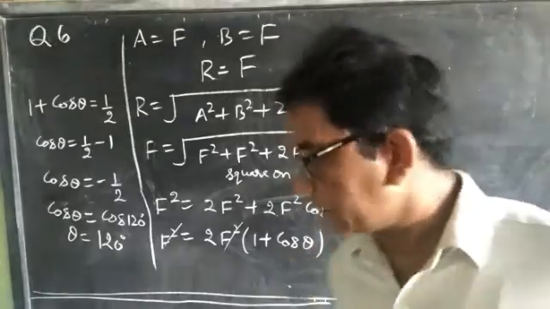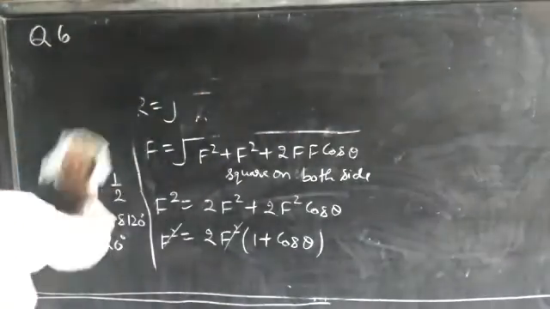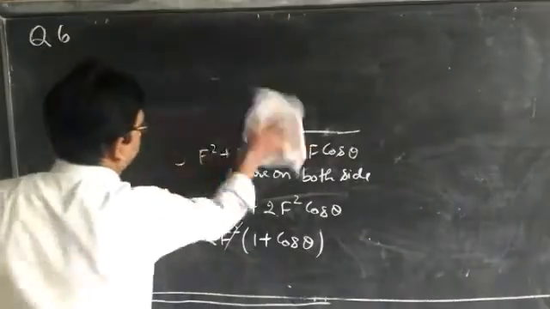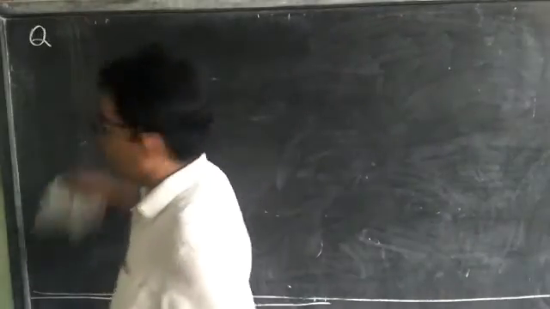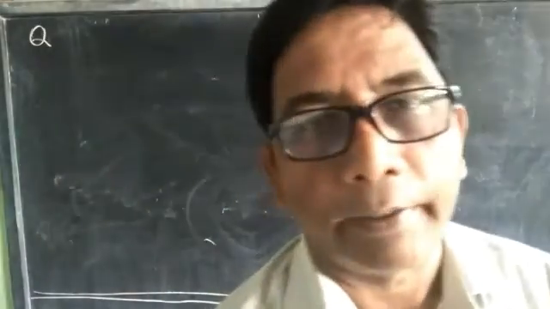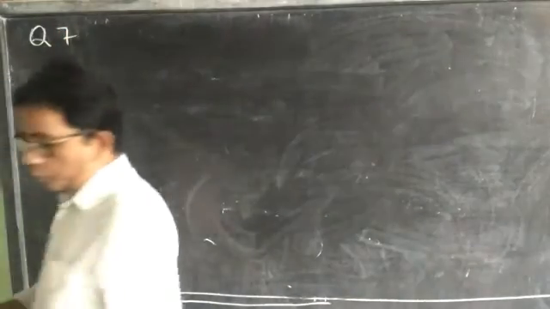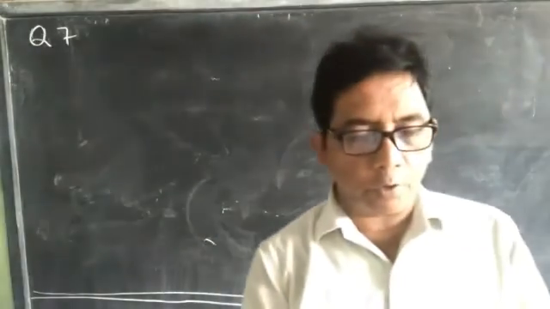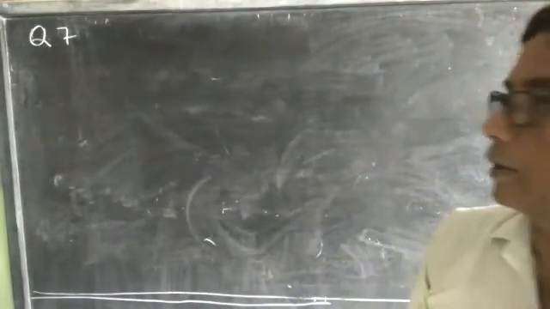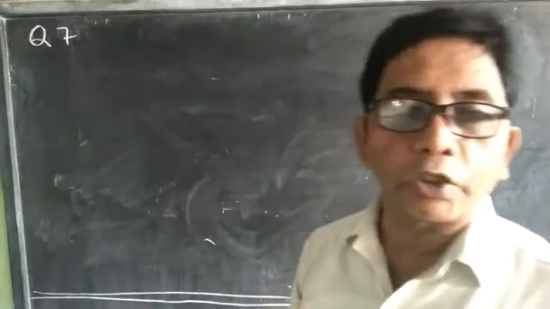Now we will discuss the next question, question number 7. Two forces whose magnitudes are in the ratio 3:5.